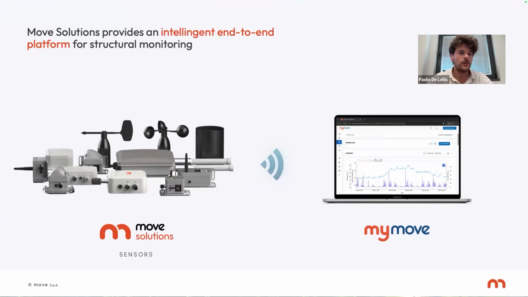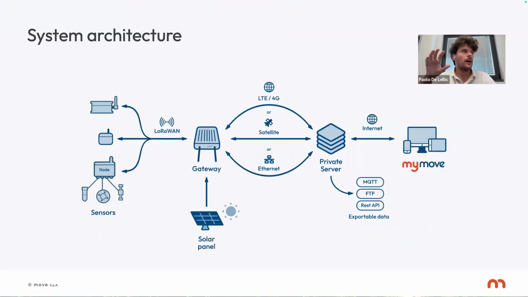So, Move Solutions provides you a hardware and a software solution that you can use in different ways. Our system architecture, starting from the hardware part, is divided into different types of sensors that, using the LoRaWAN protocol, send the information to the gateway, which is the receiving unit of the entire system.